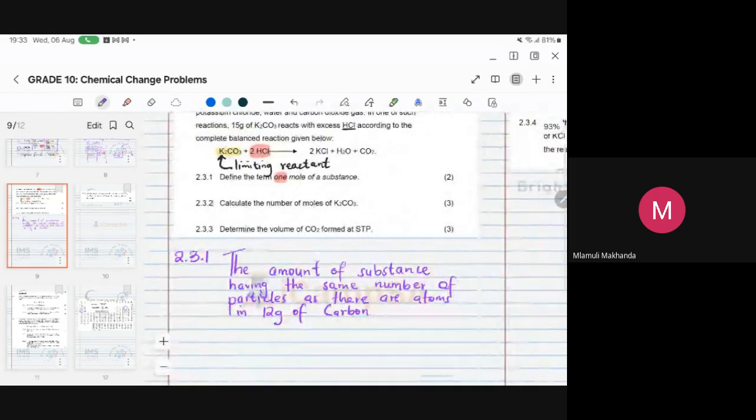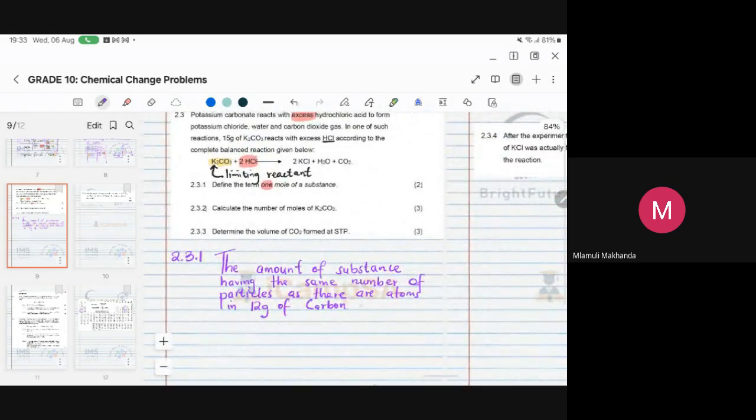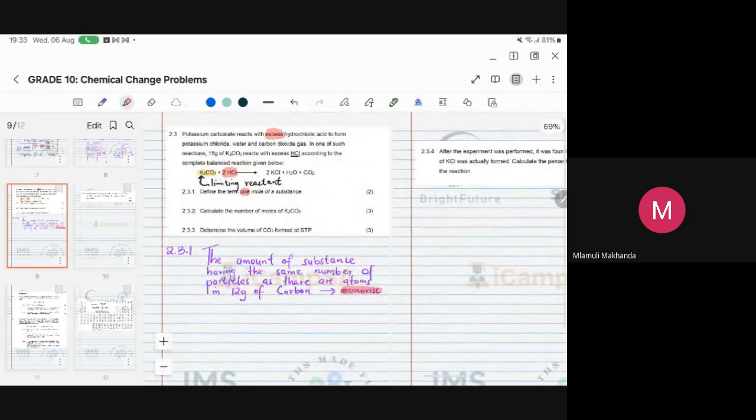It's a simple definition to actually memorize. Right, so let's move on to the calculations now.